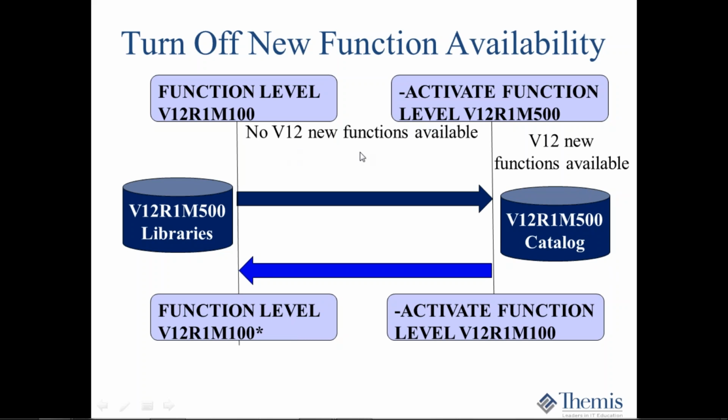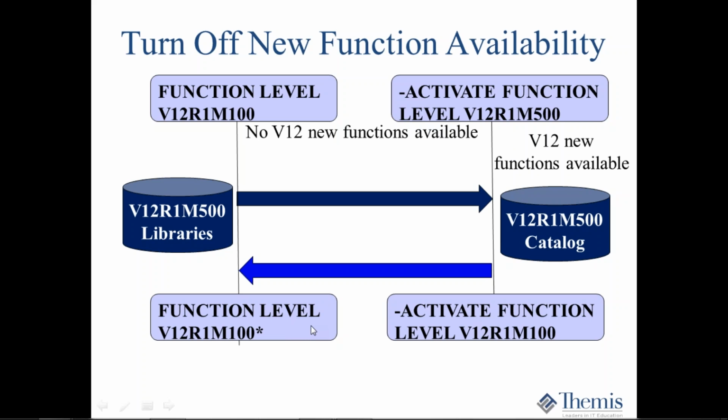You can fall back to modification 100. You activated 500. However, you're not happy with what's occurring, and you want to go back to 100. So you can activate level 100.